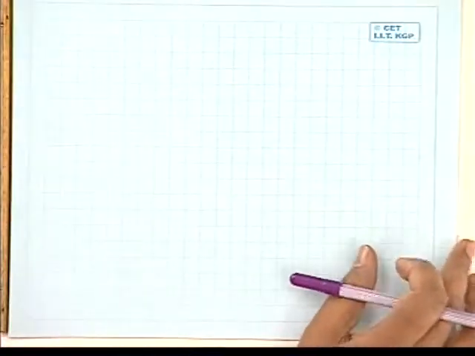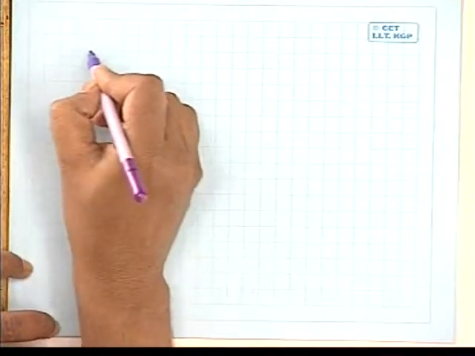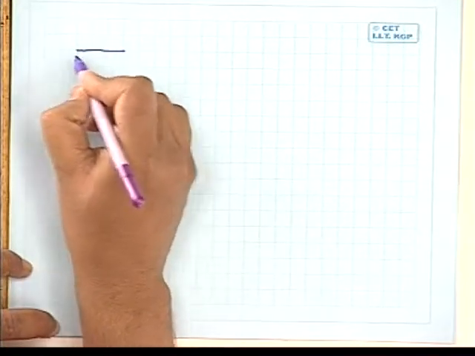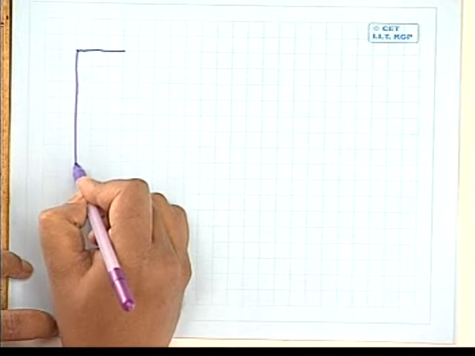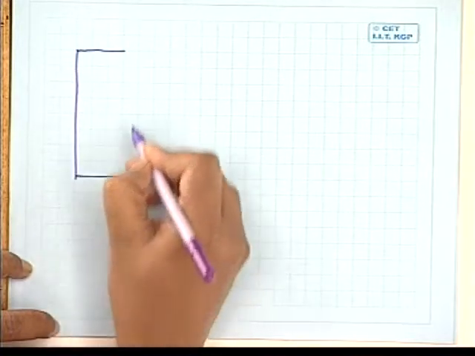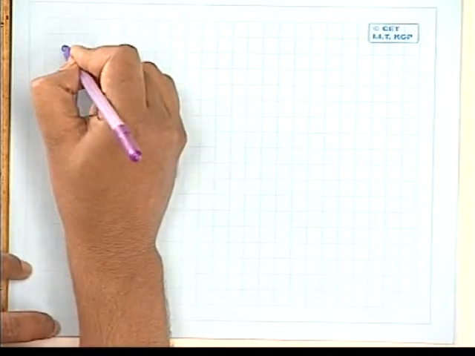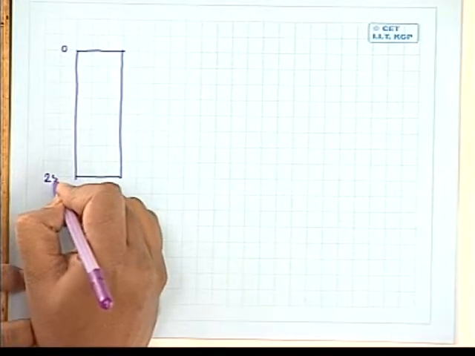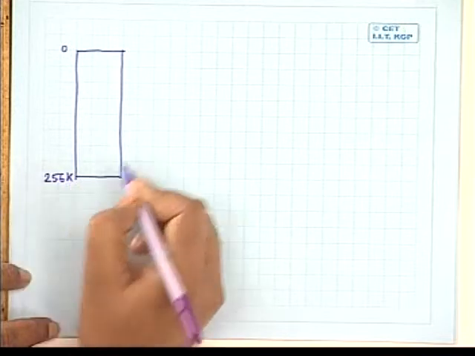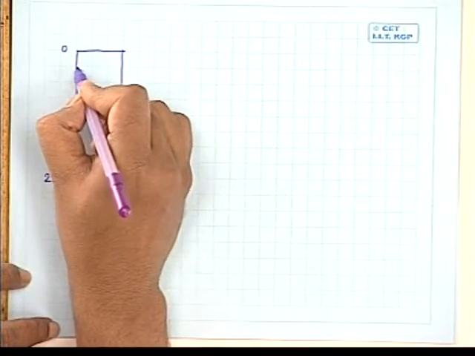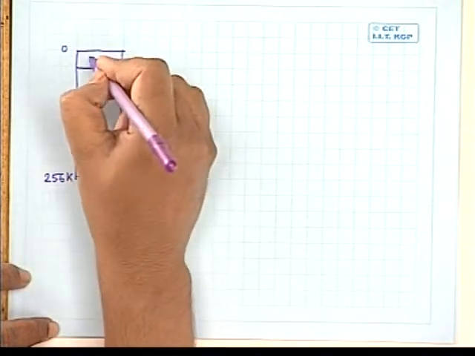We have assumed that I have 256 kilobytes of main memory. So this is address 0. Here I have 256K, out of which 40K is given to the operating system.